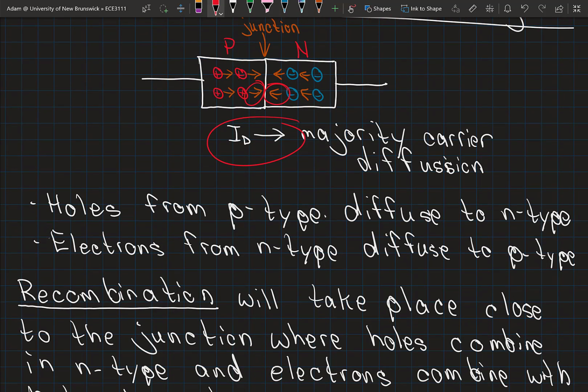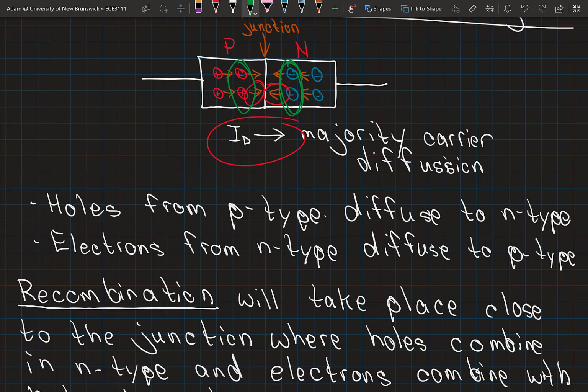Well, that leaves these holes absent in the p-type material, leaves these electrons absent in the n-type material, so leaves behind some negative charge in our p material, leaves behind some positive charge in the n material.